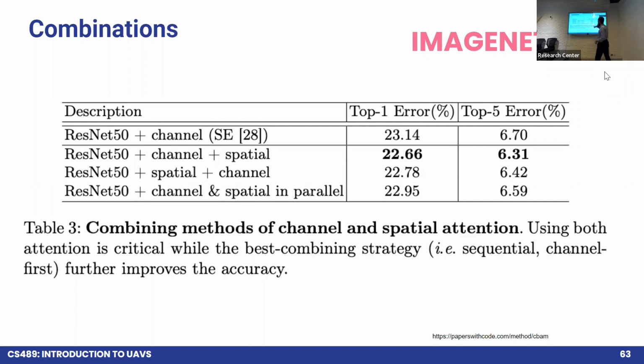And this one is spatial first, then channel. And this one channel plus spatial. So even the order can impact. I'm not sure whether this is general, maybe it's dataset dependent or object size dependent. But for this particular ImageNet 1K, this result helps.